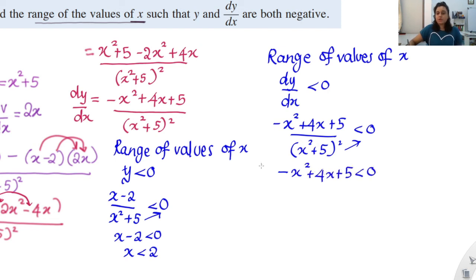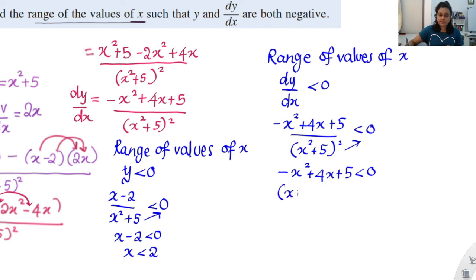So you're left with this. Okay, now look at this. You can actually make this into positive, or you can find the value first. Okay, let's say a is -1, you key in, b is 4, c is 5. Okay, you get -1 and 5.